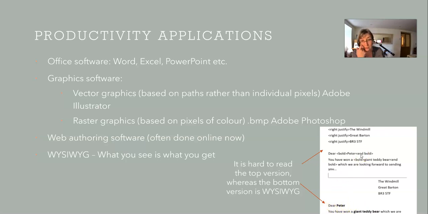This is very true. A very good example of this is when you build web pages. Most online developers now are WYSIWYG, what you see is what you get. You just drag and drop.